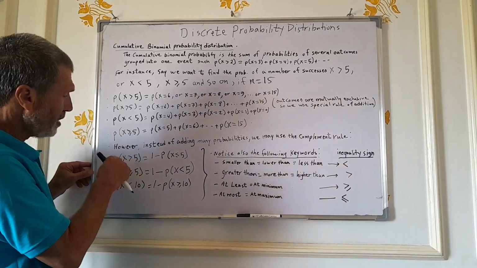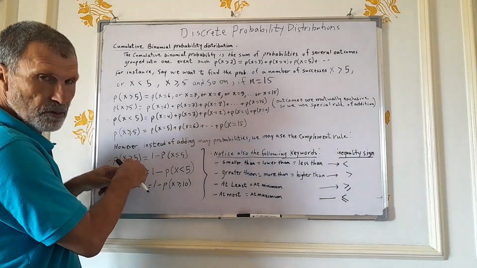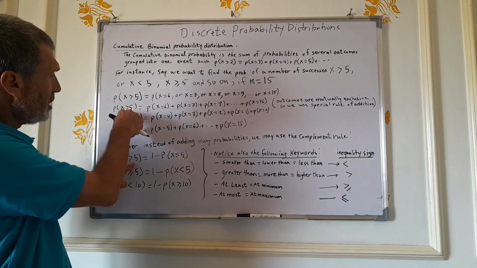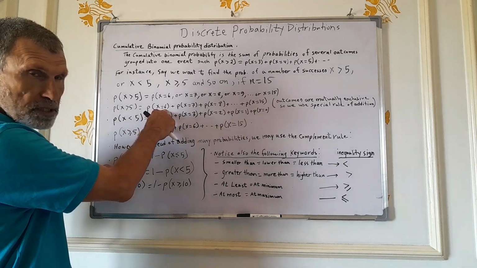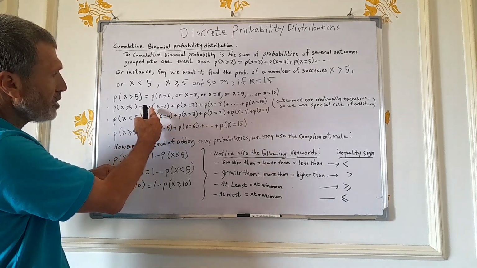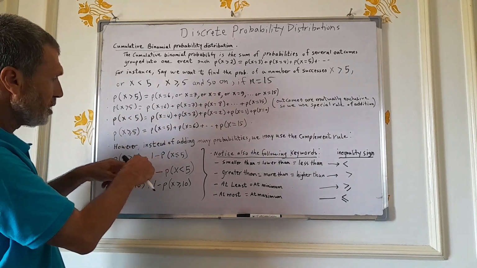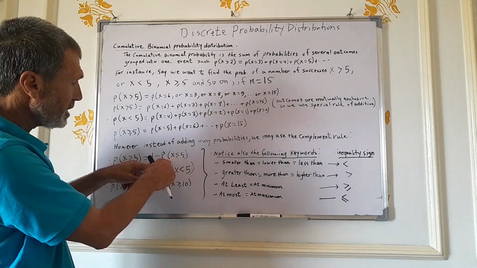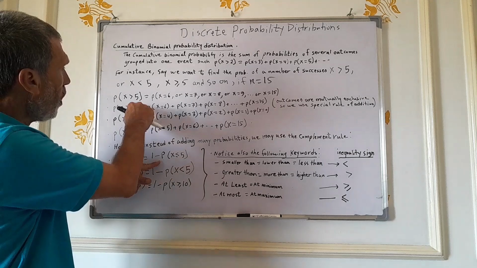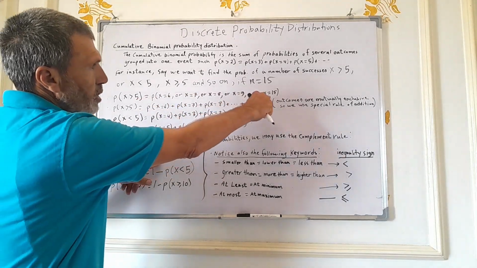Because here, for x greater than 5, we added probability of x equals 6. So for the complement, we have to start from x equal 5. Okay? So here it's going to equal 1 minus probability of x less than or equal to 5. Here it is easier than adding all those probabilities all the way to 15.